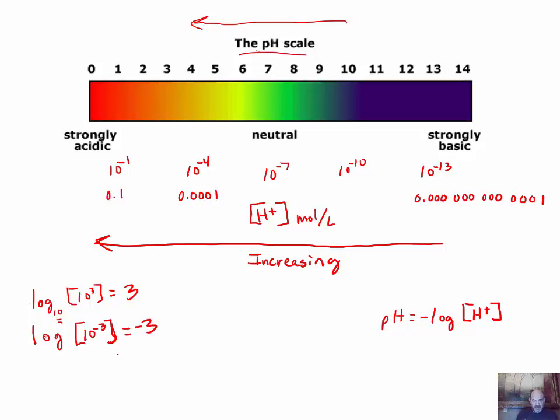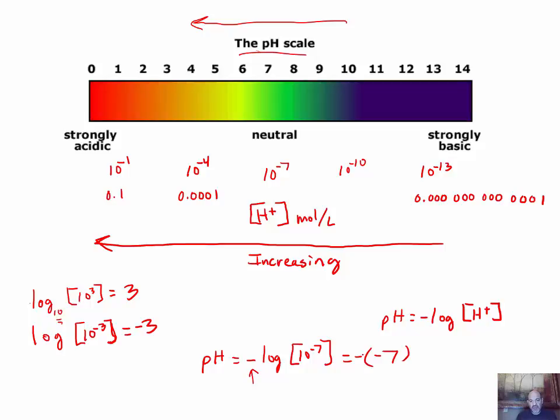So keeping that in mind, it now makes sense that a pH of 7 corresponds to a hydrogen ion concentration of 10 to the negative 7. And if we put 10 to the negative 7 in there, we're going to get an answer of negative 7, but we have to take the negative of that.